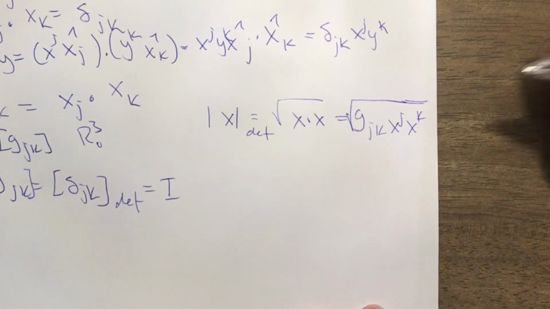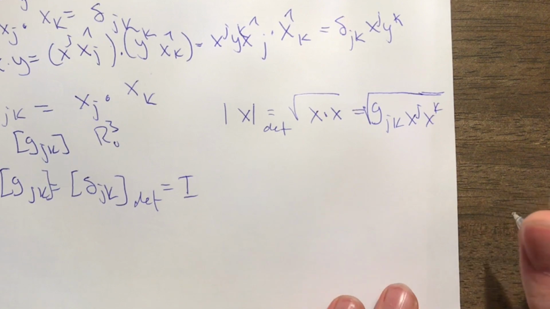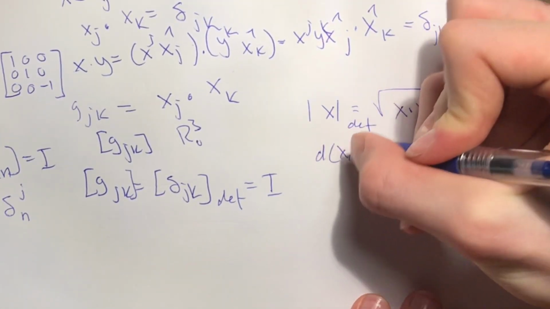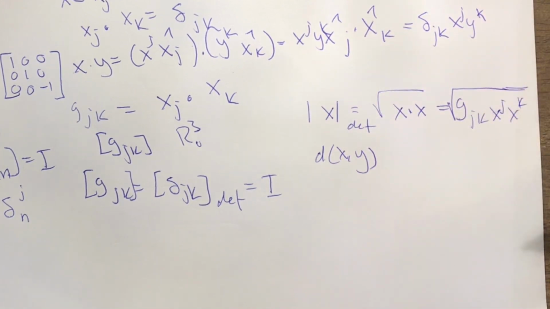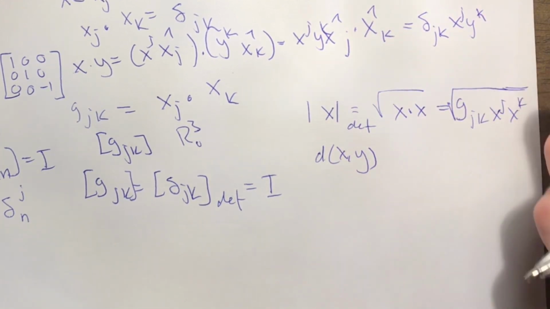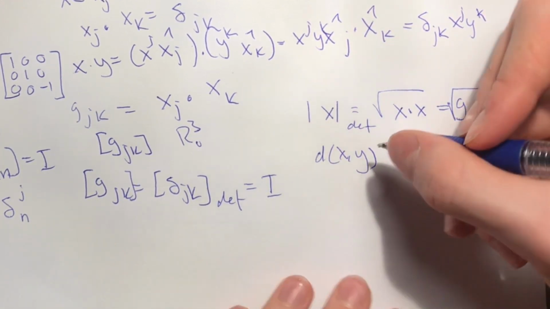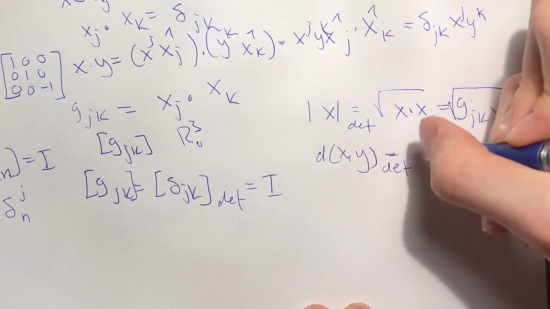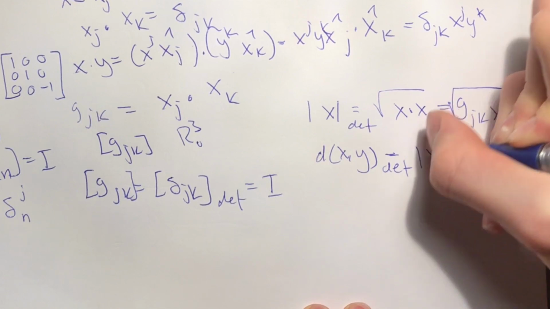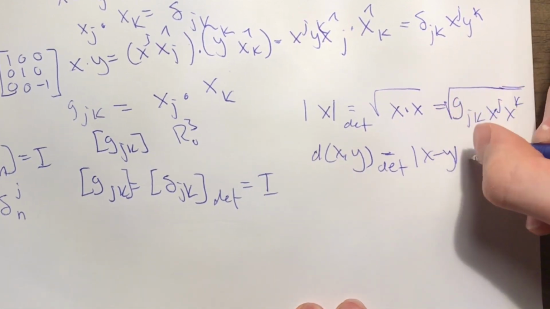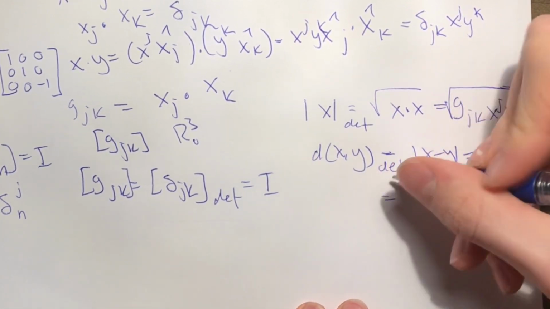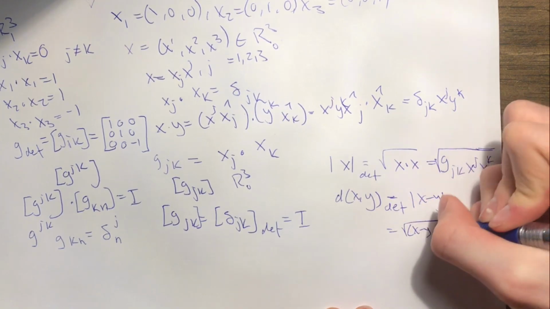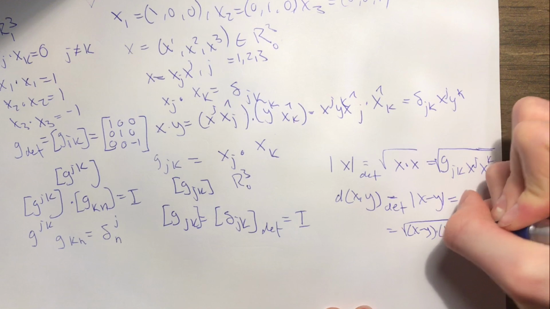Sorry. Yeah, and the distance d(x, y) between two points x and y of the space with norm is defined as follows. This is, by definition, equal to the norm of x minus y, which is equal to the square root of x minus y dotted with x minus y.